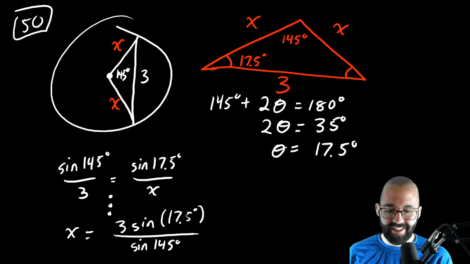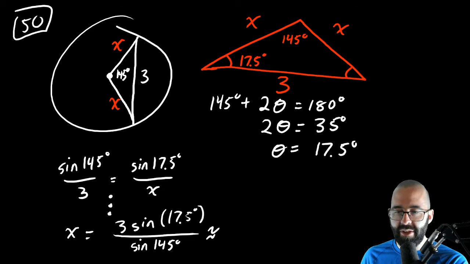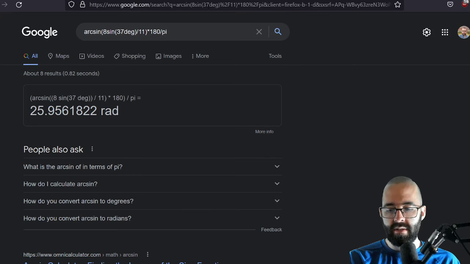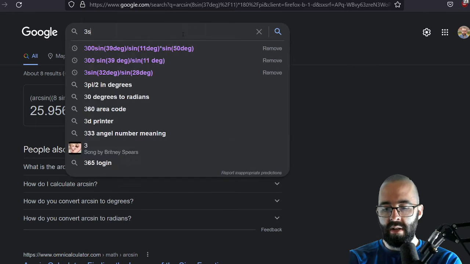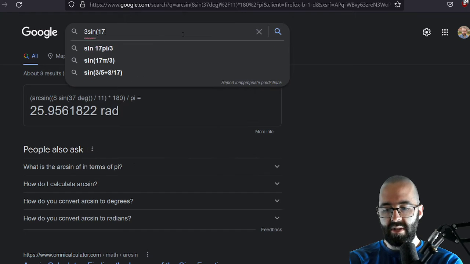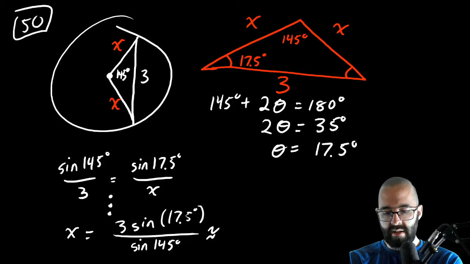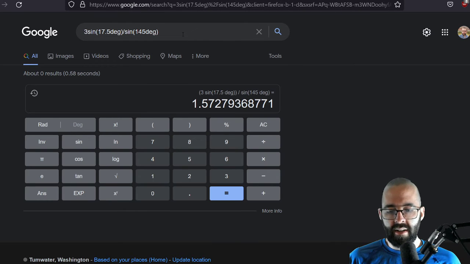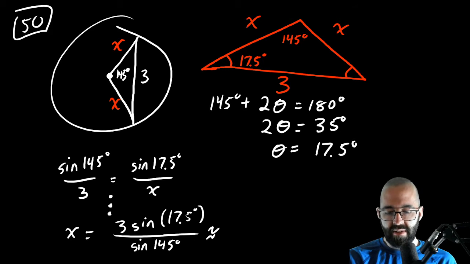There we go. We're basically done. We've found the radius. Just type it into a calculator. 3 times the sine of 17.5 degrees divided by the sine of 145 degrees. It's about 1.57.